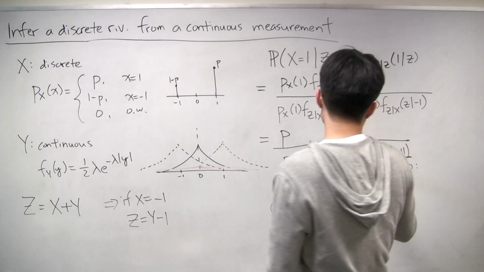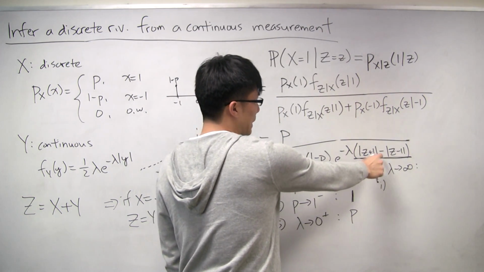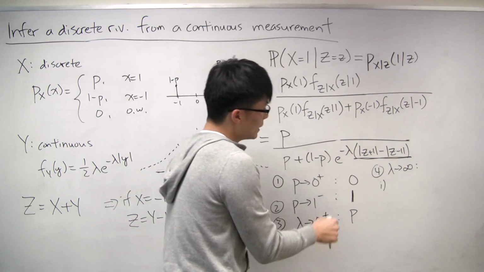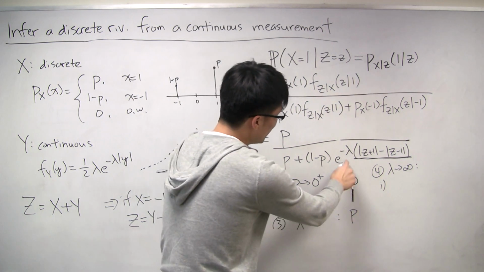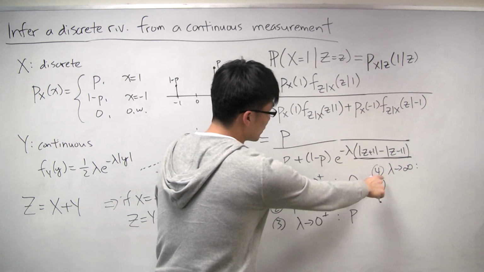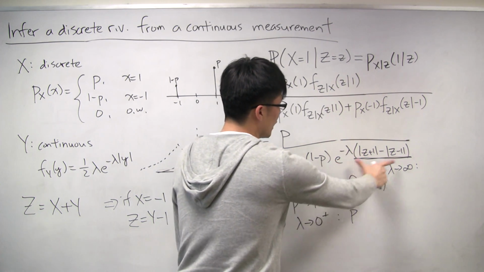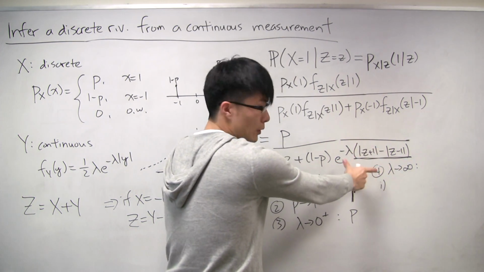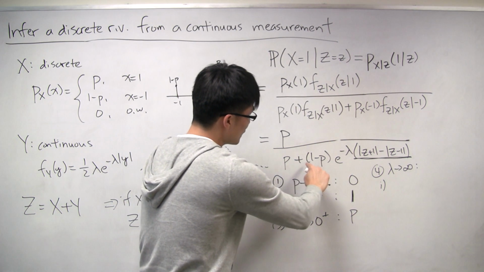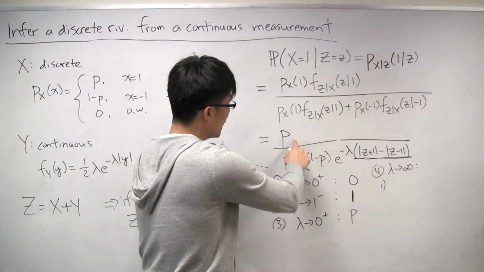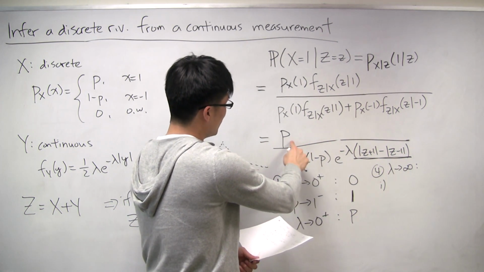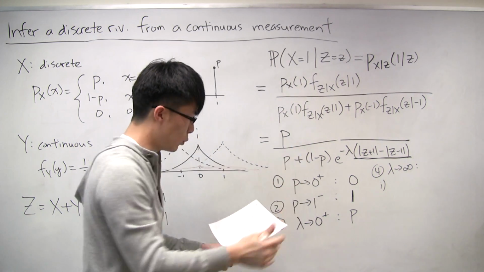If the absolute value of z plus 1 minus the absolute value of z minus 1 is positive, then because lambda goes to infinity and we have a negative sign, this entire exponential term will go to 0. In which case the second term goes to 0, and the answer is p over p, which is 1.